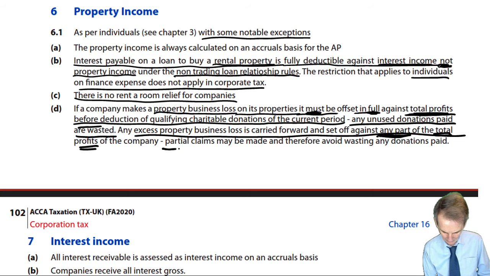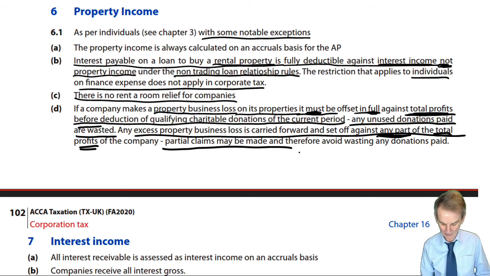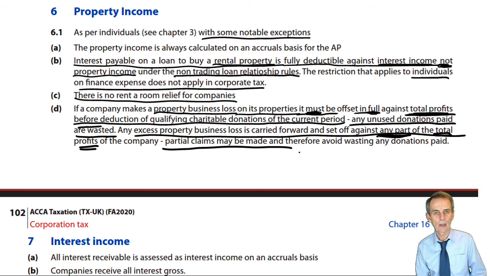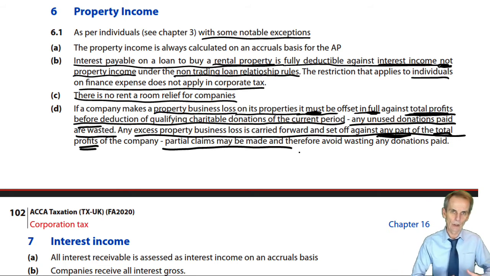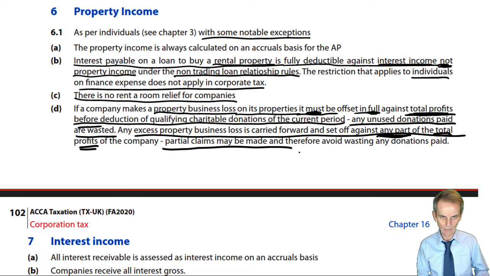So here, when you carry forward, partial claims may be made. So you don't have that problem that if that loss was bigger than the total profits, it would bring the total profits to nil, and then there'd be nothing to deduct any qualifying charitable donations paid from.